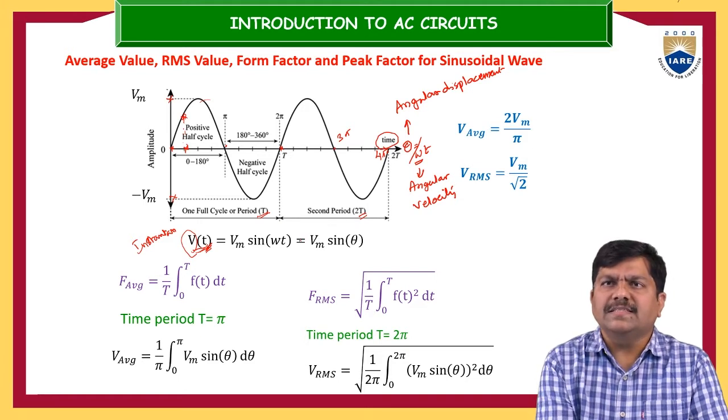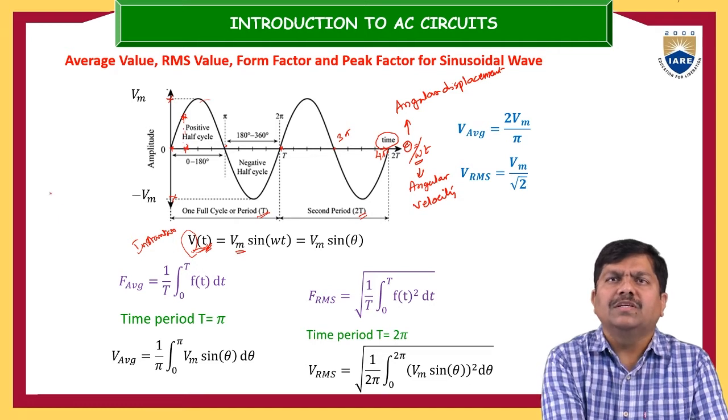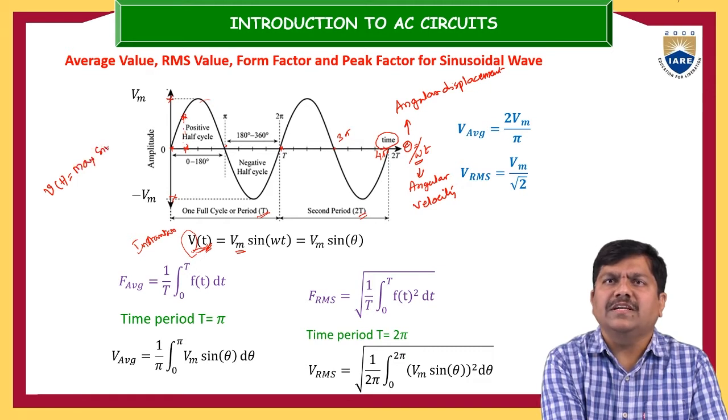So now you can represent V maximum, that is the maximum value. Generally any instantaneous voltage is represented as the maximum value multiplied by the sine of the x-axis parameter.